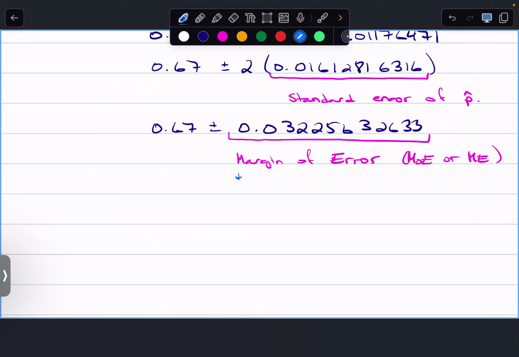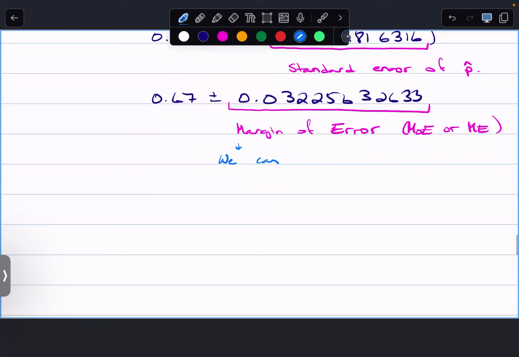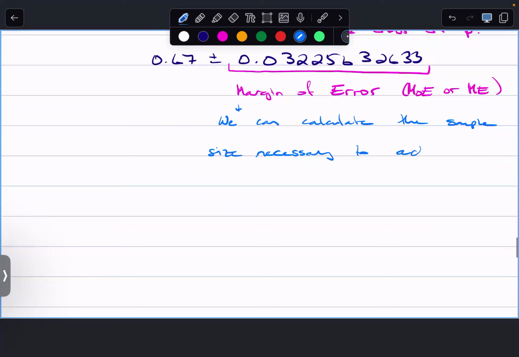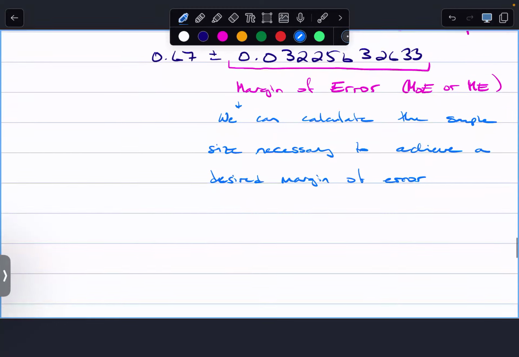And so we can calculate the sample size necessary to achieve a desired margin of error by solving for n.